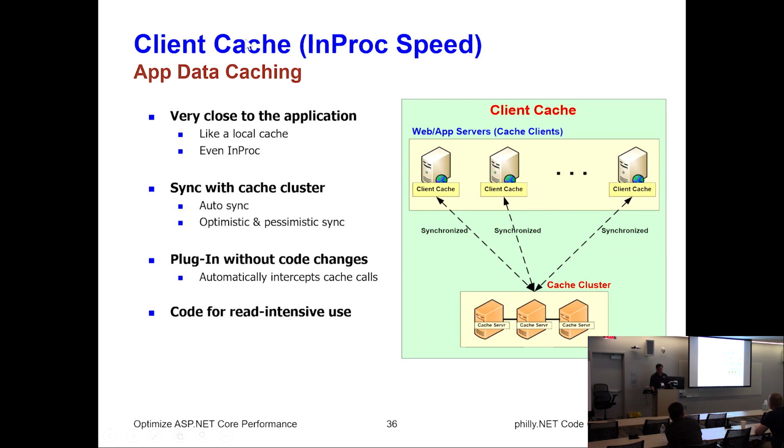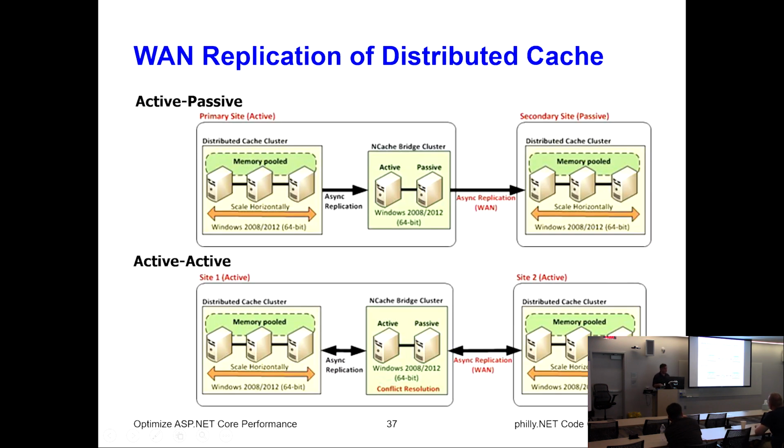And I've talked about the in-proc speed already. There's another feature. Now, this is a feature for Enterprise Edition, which is that if you have multiple data centers, which a lot of applications now do, because of the cloud, it's even easier to procure multiple regions. So if your application is in multiple data centers, your cache may also need to be replicated to multiple.